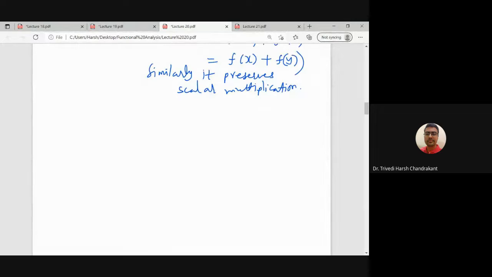So now consider, we can't discuss continuity on a vector space, we need a normed linear space.